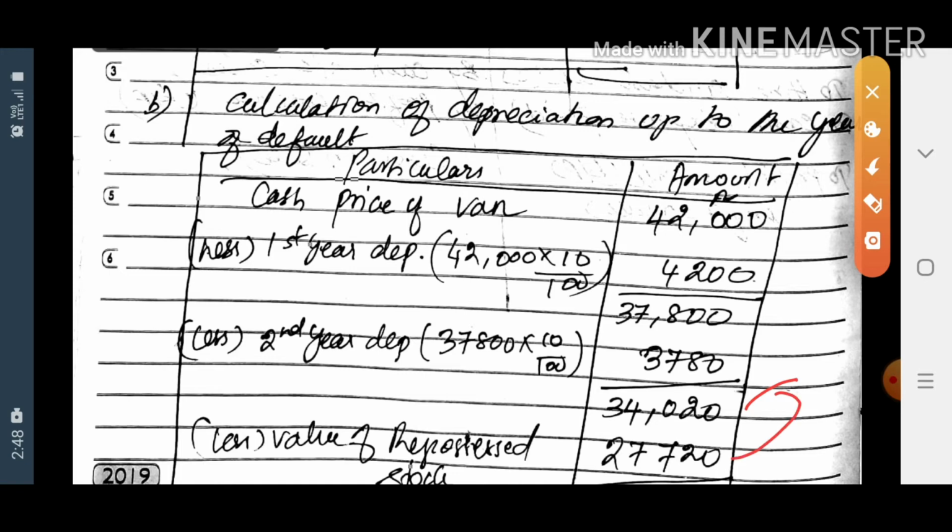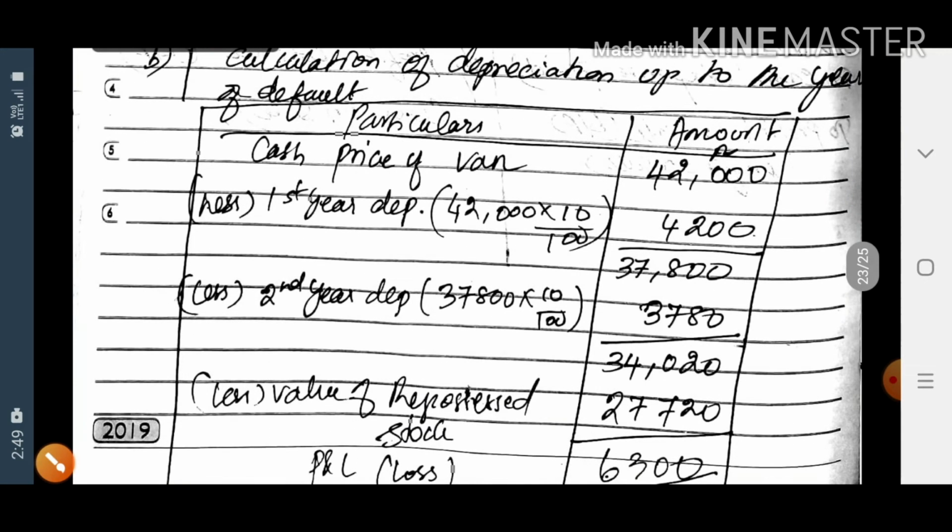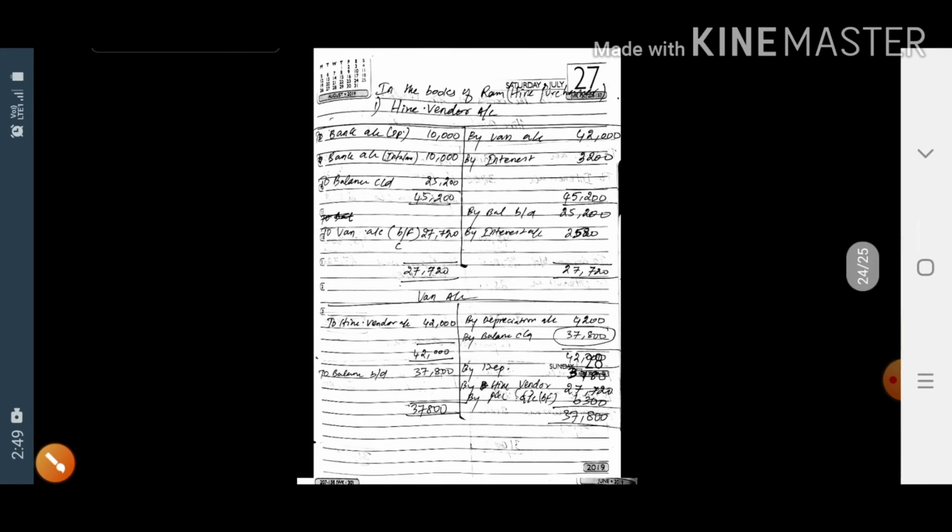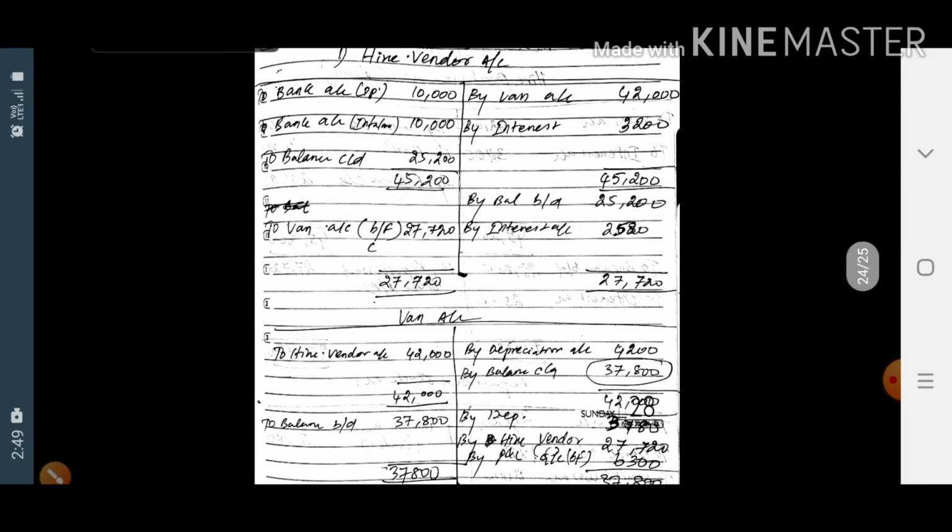So the difference is a loss, because the value of repossessed stock is 27,720. The buyer depreciates at 10%, so after the depreciation we are getting 34,020. So the difference is a loss of 6,300. Right. Next, we'll move on to the ledger accounts.